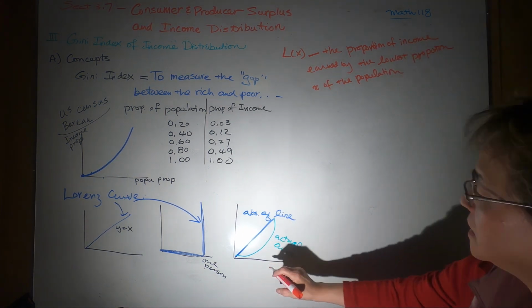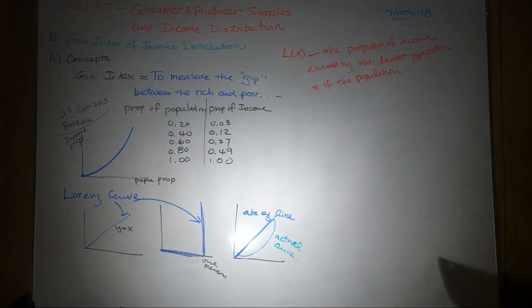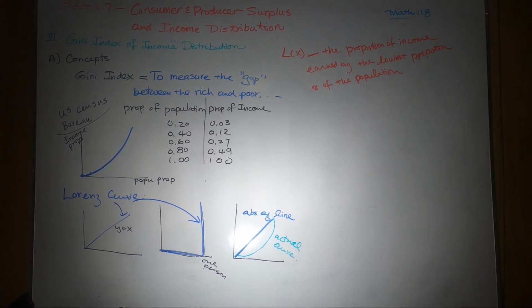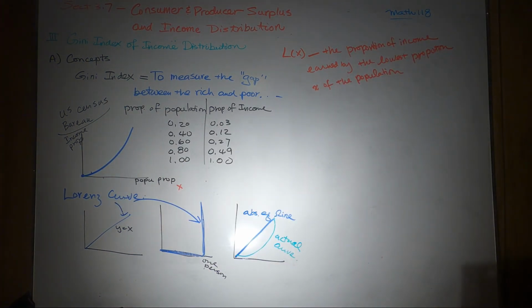So the curve he's talking about is this one. The proportion of income earned by the lowest proportion X of the population. So population is your X, then proportionally the income, that way.